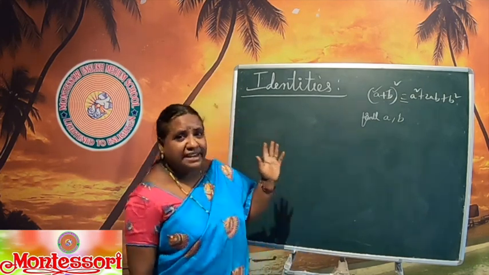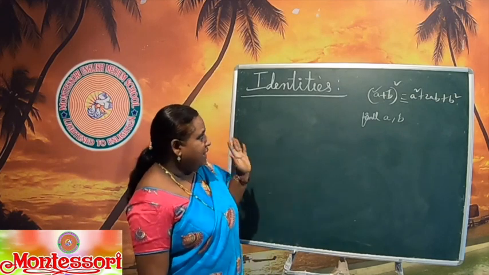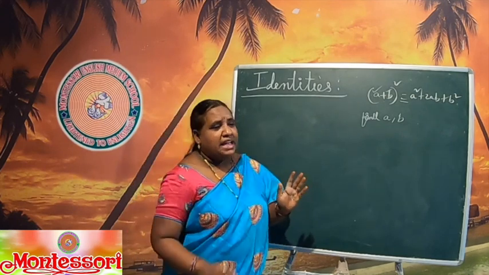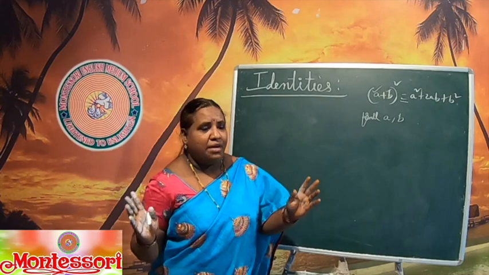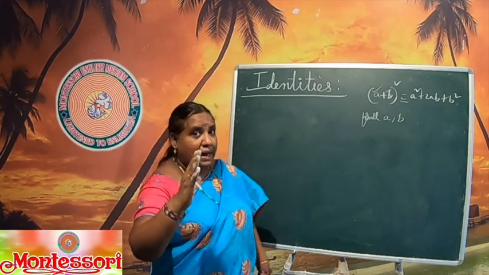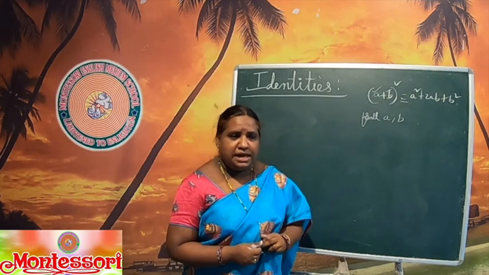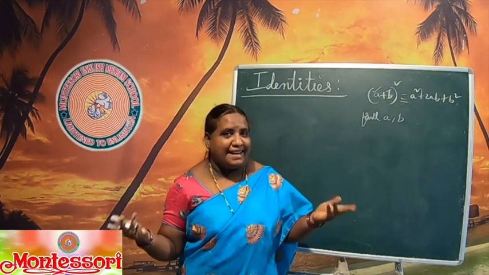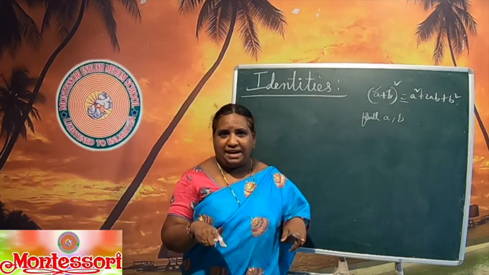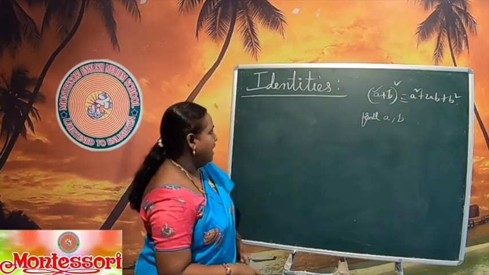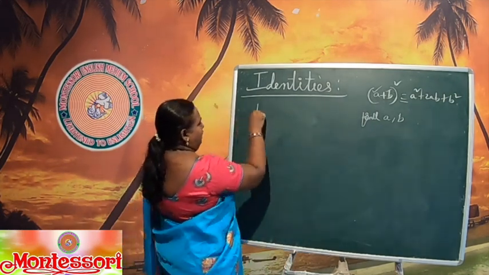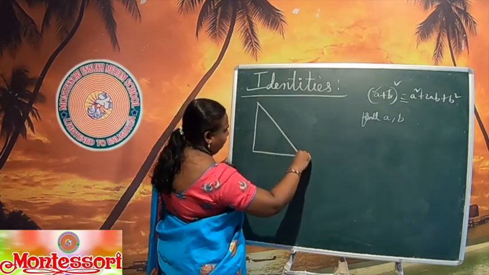Here, an equation is said to be an identity if it is true for all the values of the variable. We will derive 3 identities in this chapter, using only a right angle triangle and the Pythagoras theorem. Are you ready? Yes.